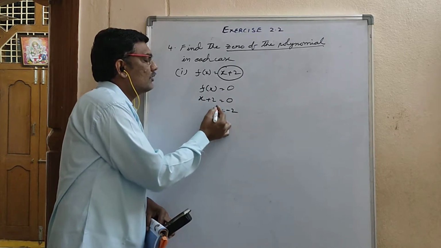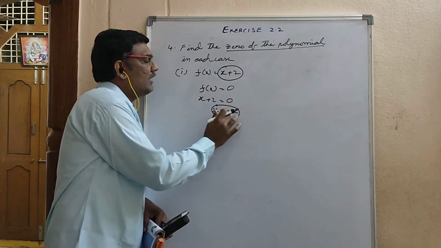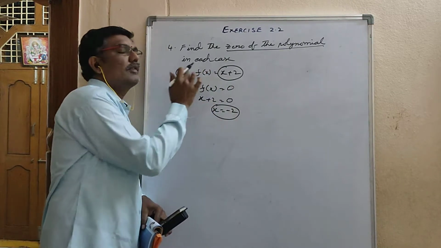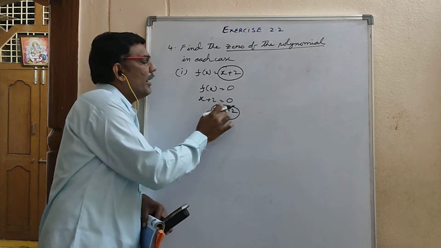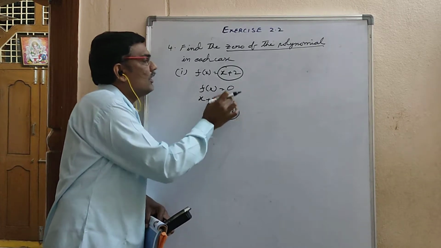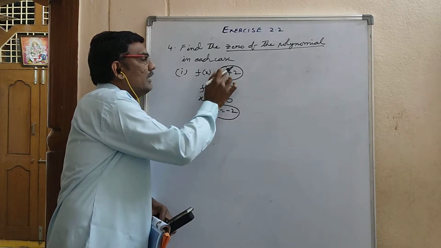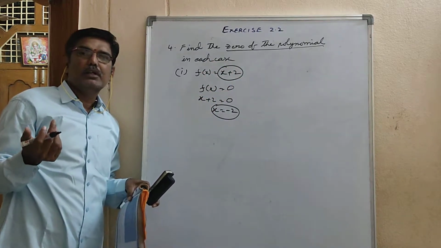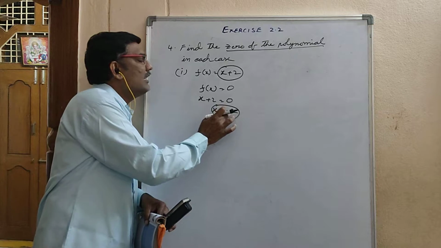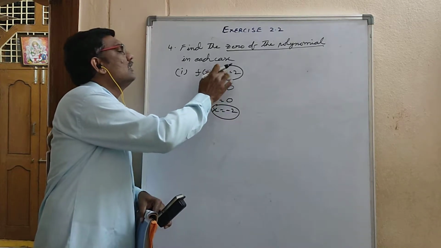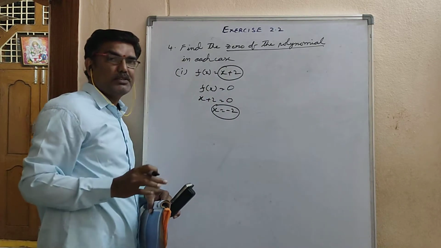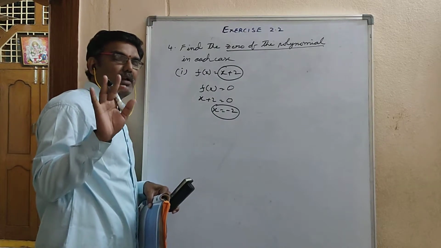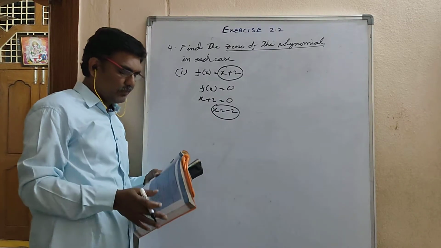It becomes minus 2. Minus 2 is called the zero of the polynomial. If you substitute minus 2 in place of x, minus 2 plus 2, the entire polynomial becomes 0. Therefore, this minus 2 is called the zero of polynomial x plus 2. Do you understand or not? It's very easy.